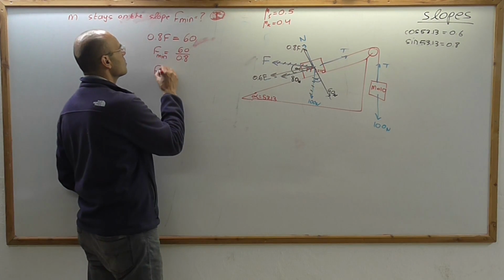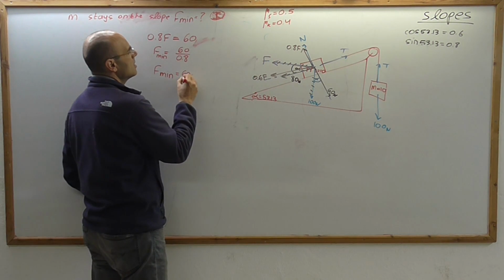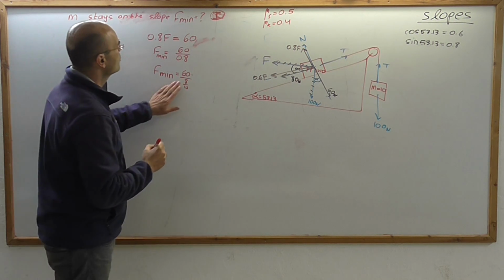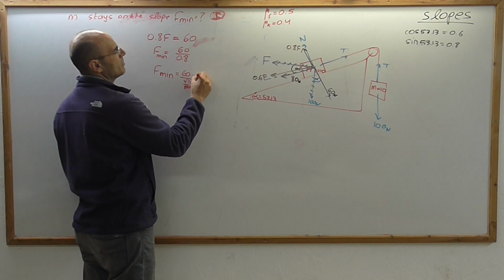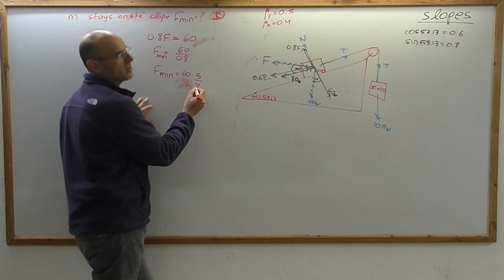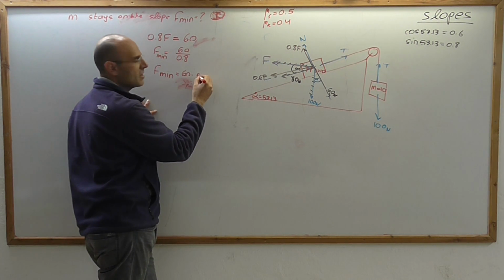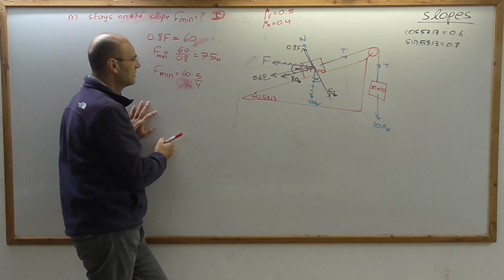Let's see if I can do it without my calculator. It's 60. This is like 8 over 10 or 4 over 5. And if I multiply it by 5 over 4, it's 60 over 4 is 15, multiplied by 5, it's 75, I think.